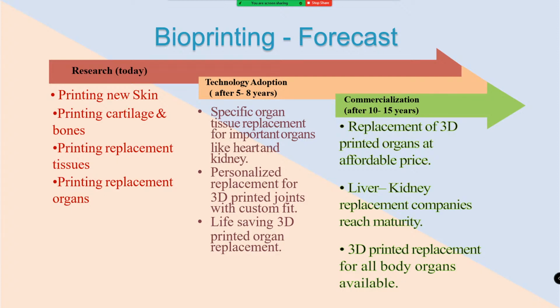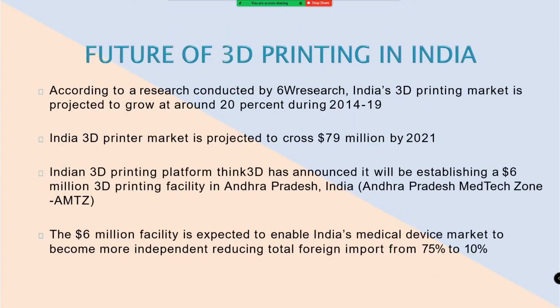After 10 to 15 years, replacement of 3D printed organs at affordable prices. Liver and kidney replacement companies reach maturity. 3D printed replacements for all body organs will be available.